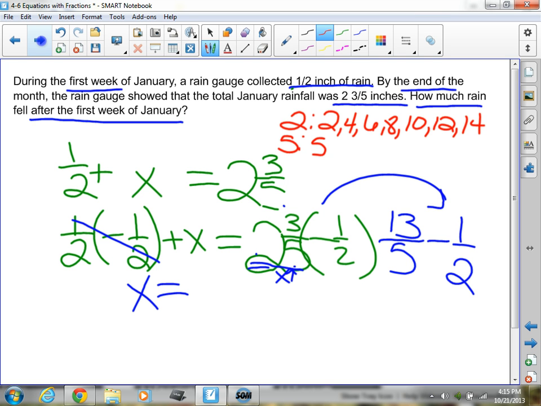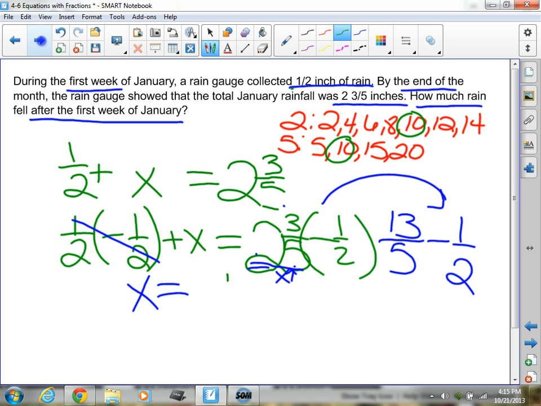For 5, I have 5, 10, 15, 20. Oh, I see that I do have one in common. They both have 10. So it looks like I need to change both fractions so that they both have 10 as their denominator.